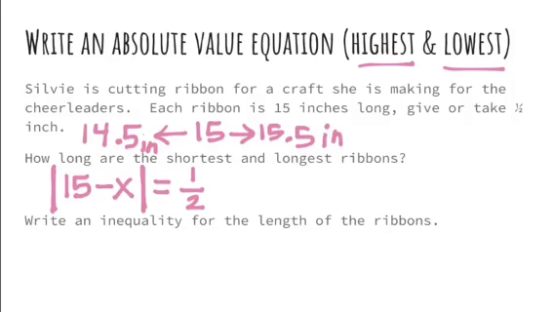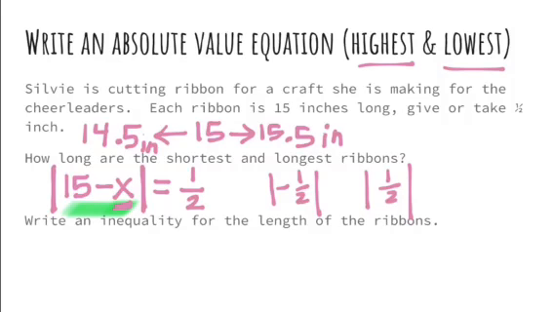The reason why we take the absolute value is because the actual length of the ribbon can be longer than 15, and so this thing would be negative, in which case it would be negative 1/2. Or this could be shorter, it could be 14.5, in which case in the absolute value we would have positive 1/2.